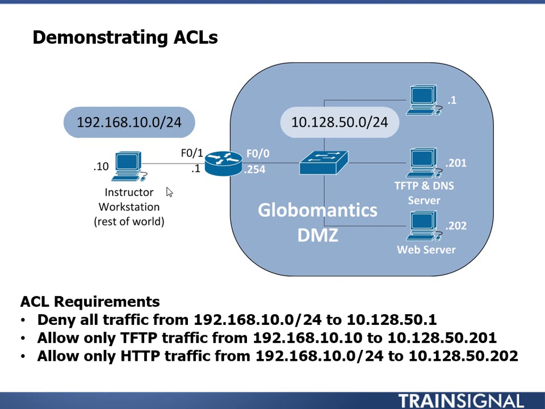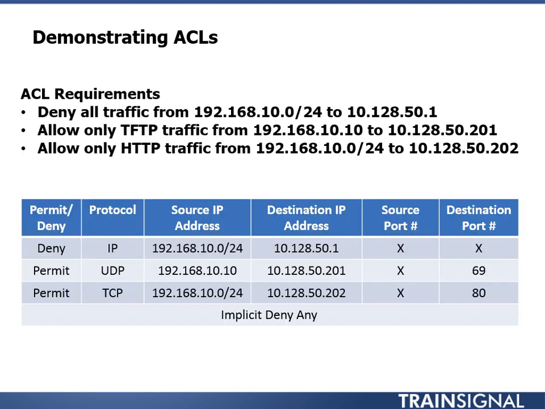So what this means is that the 192.168.10.0 network is going to be our source network, and our destination network is going to be the 10.128.50.0. And this is something we always want to be aware of when we're writing access control lists: direction, because the direction of the packet moving through the network and through the access control list is critical to making it work correctly. So let's take a look at how I set this up.